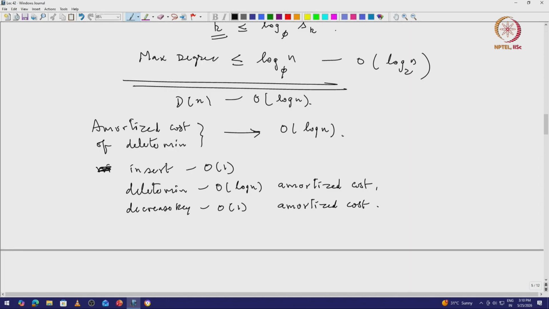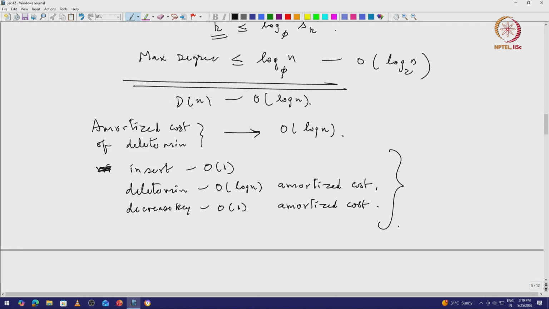Actual cost can be a lot more, but amortized cost is order 1. This is the key property of the Fibonacci heap.